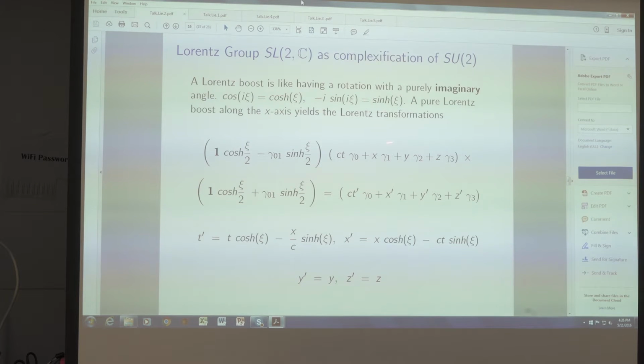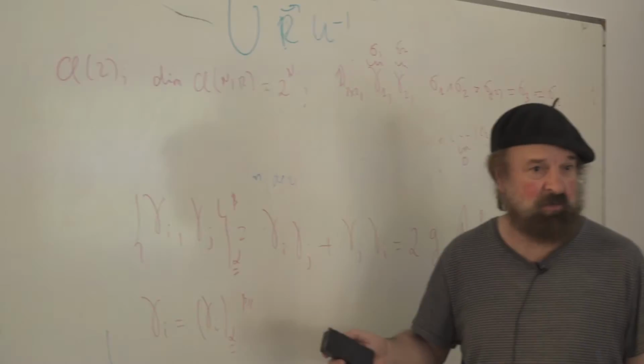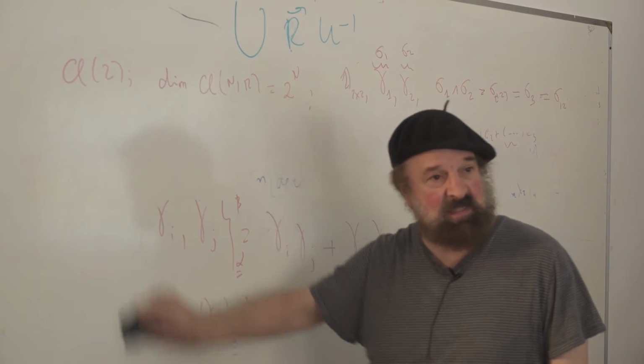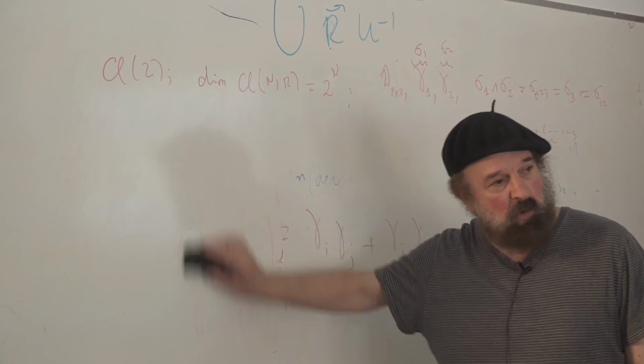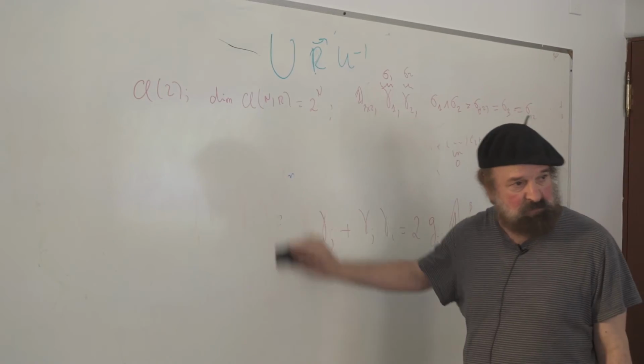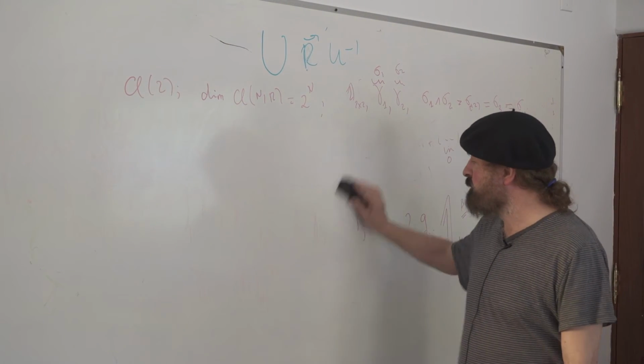Here I have gamma 0, gamma 1, gamma 2, and gamma 3. In reality here I have a Clifford algebra in 4 dimensions. 2 to the 4 is 16, so you need 4 by 4 matrices, because 4 times 4 is 16.